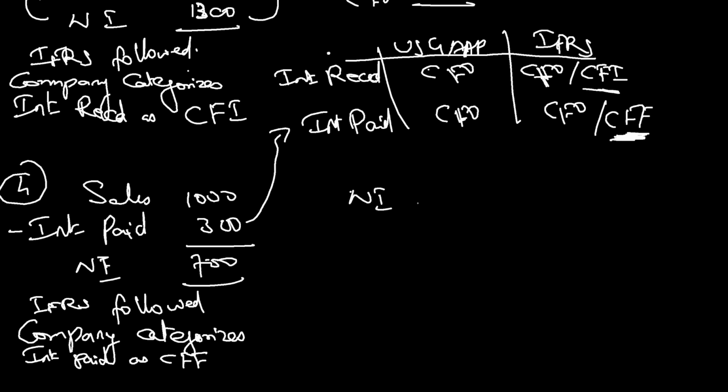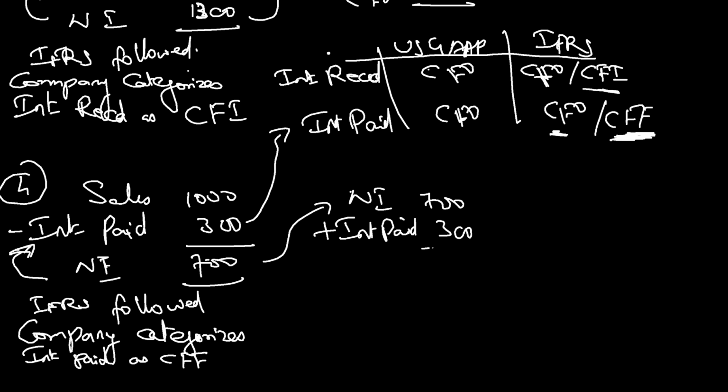So net income is 700. When I go back and check the transactions, interest paid, I am categorizing as CFF, so it doesn't come under CFO. Because it doesn't come under CFO, this is an unwanted reduction. So I will add back that interest paid, 300.